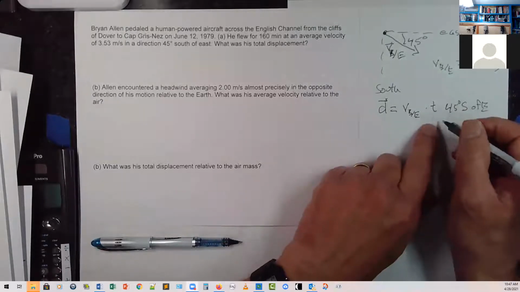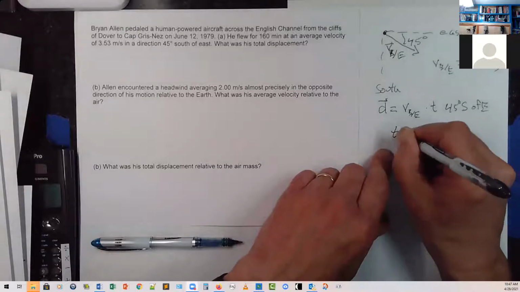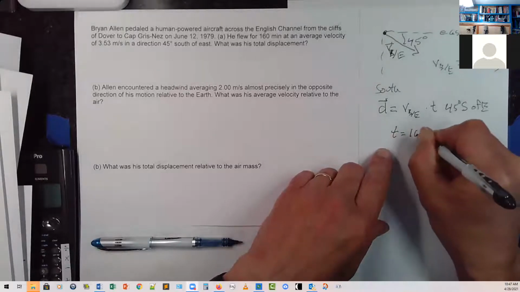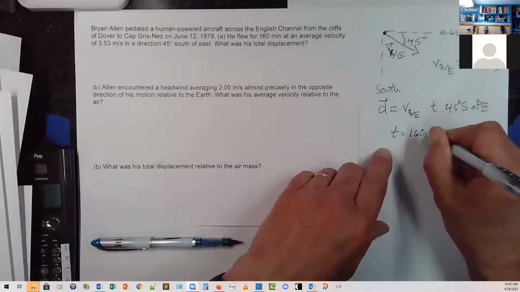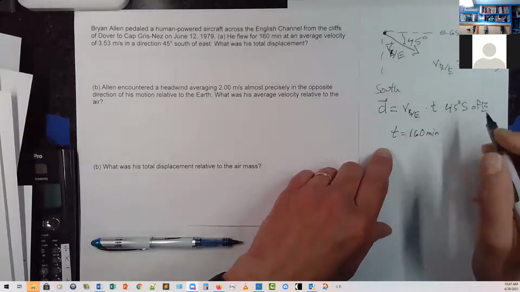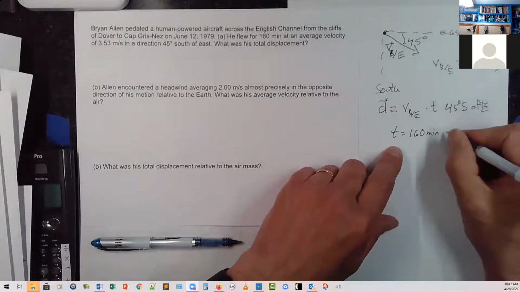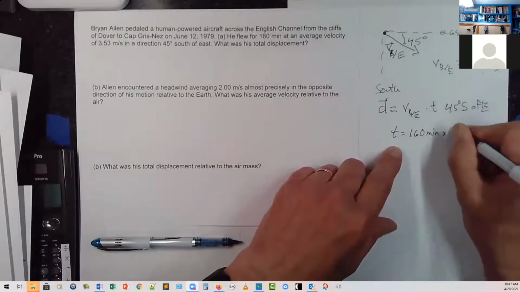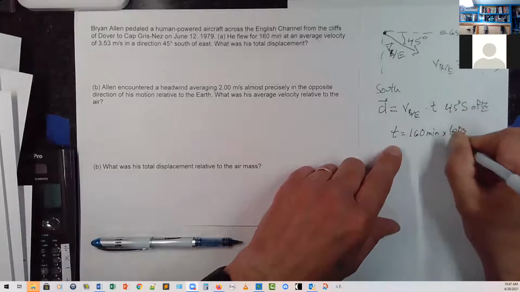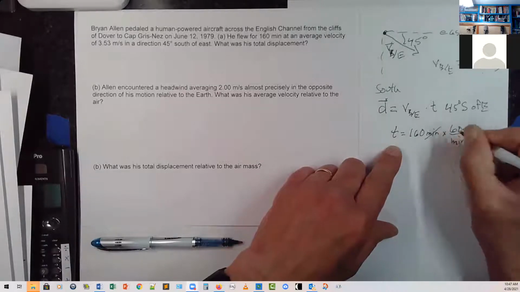Now, what about that time? Well, T is equal to 160 minutes, but I've got a velocity in meters per second, so I'm going to have to multiply that by 60 seconds per minute, and I'll end up with seconds.